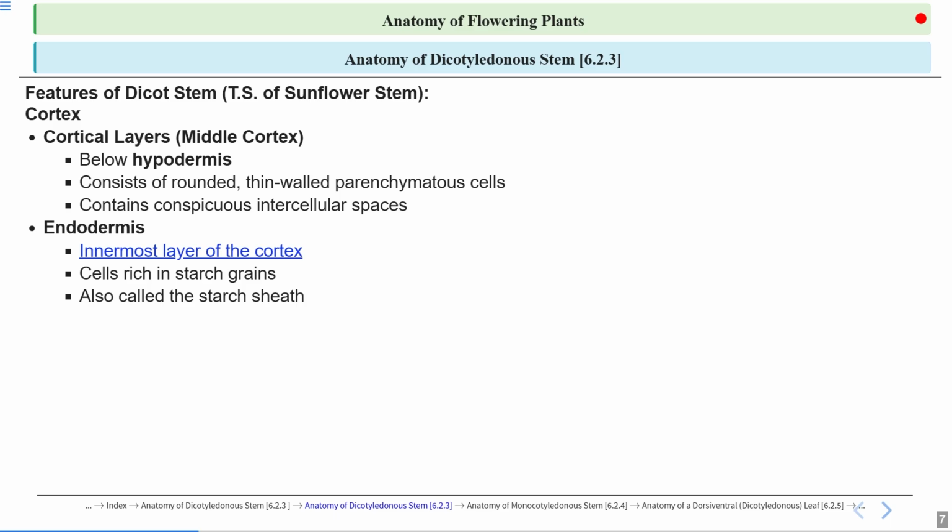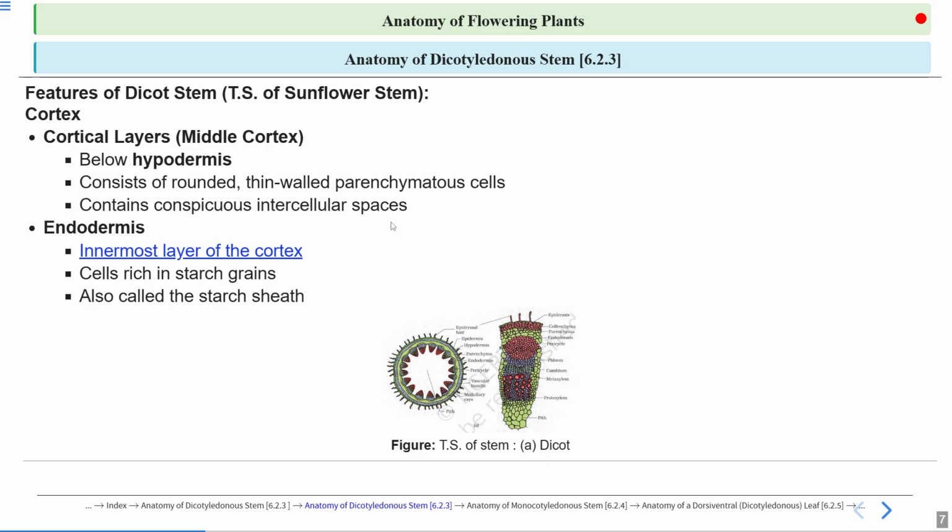It is a single layer of the cortex and has a rich deposition of starch material. As there is a lot of starch deposited in this endodermis layer, it is called the starch sheath.